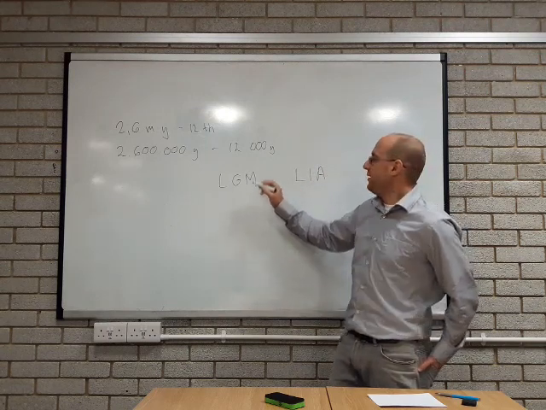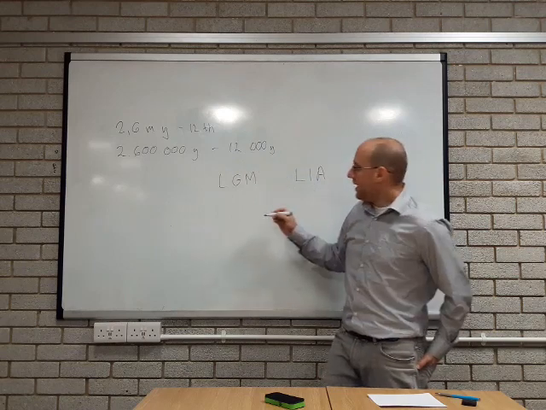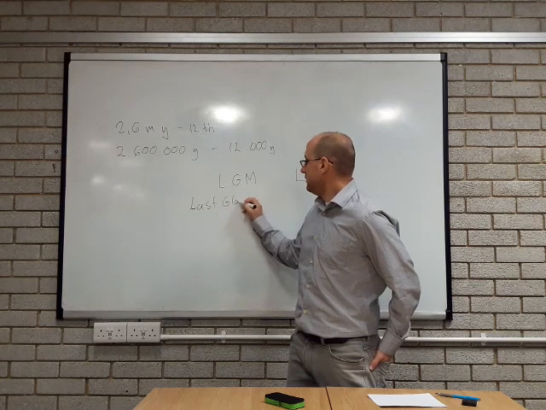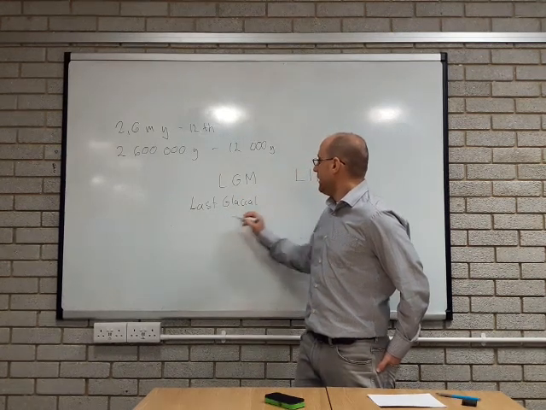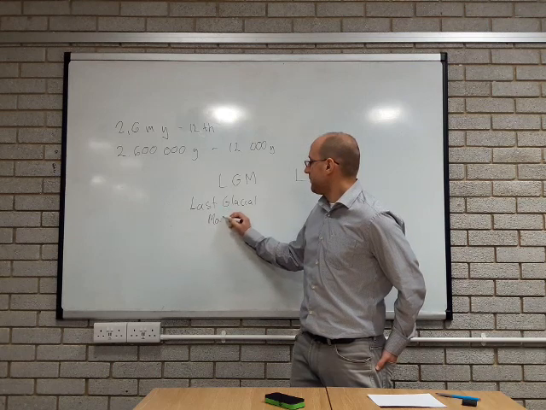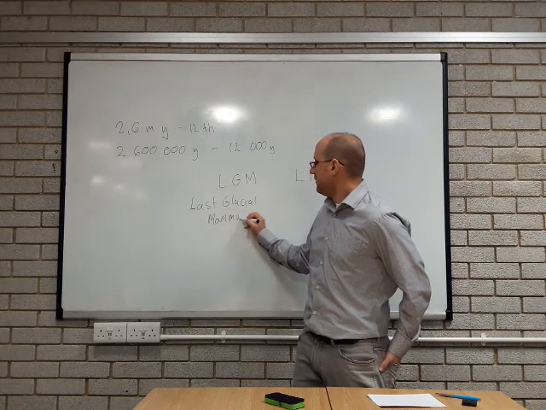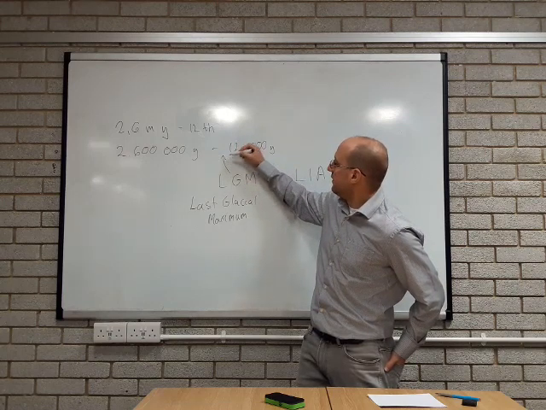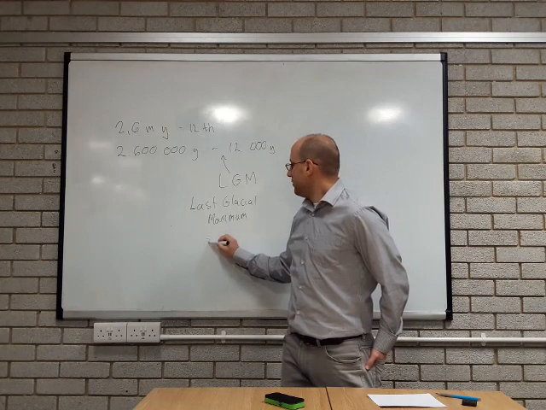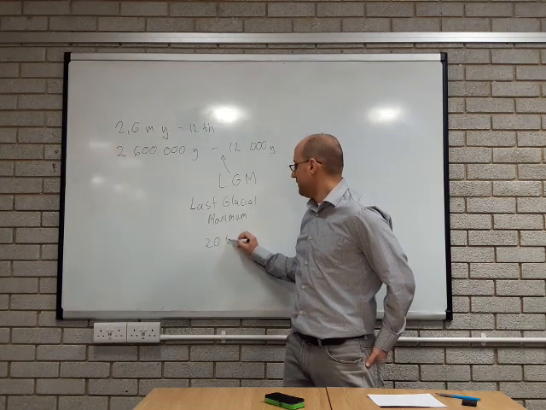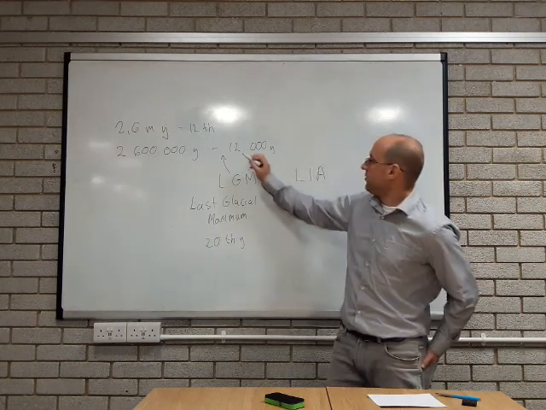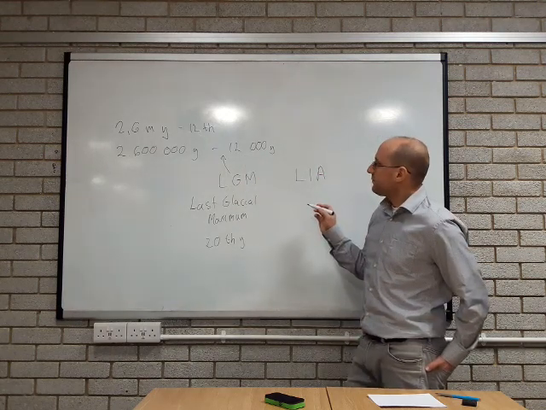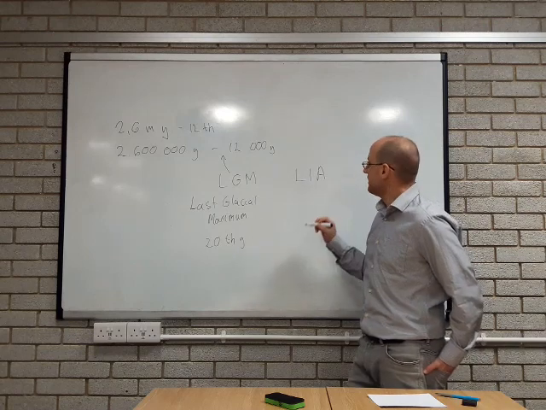The LGM is the last glacial maximum, so that will be somewhere around 20,000 years ago. So it's pretty much around the end of our last ice ages.